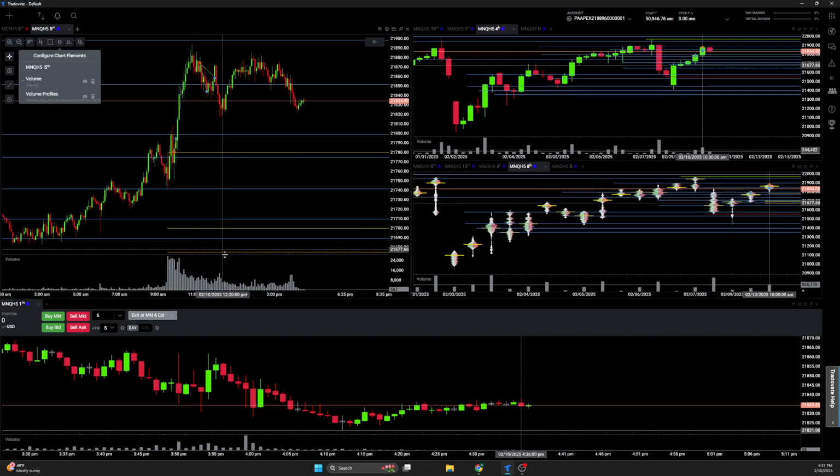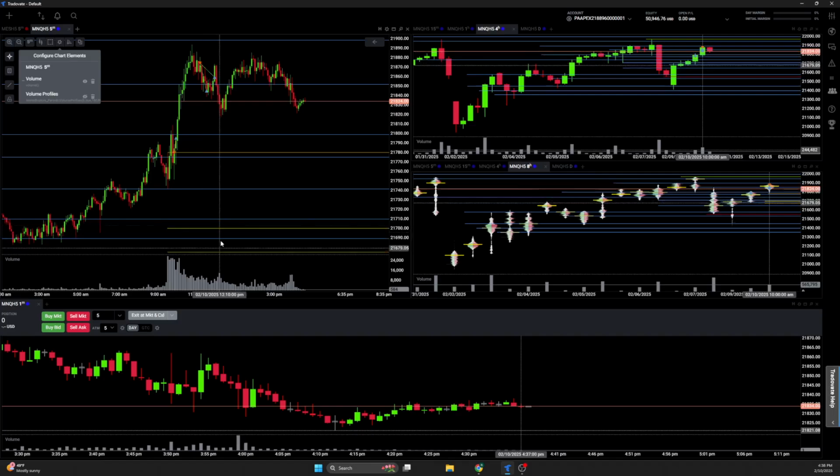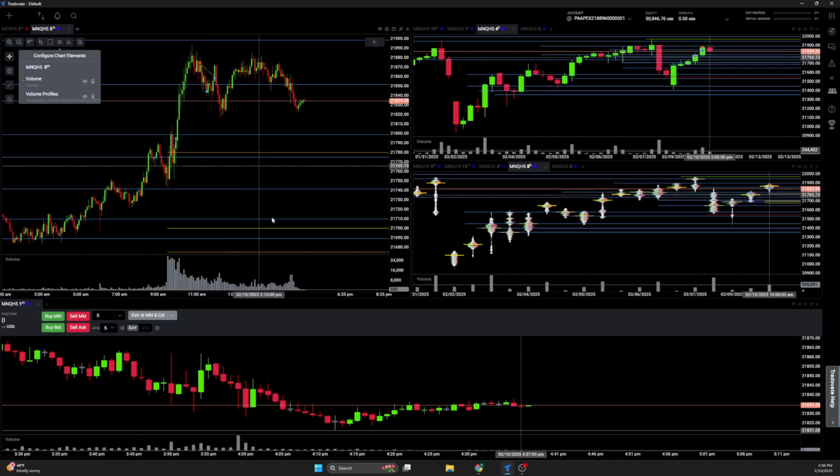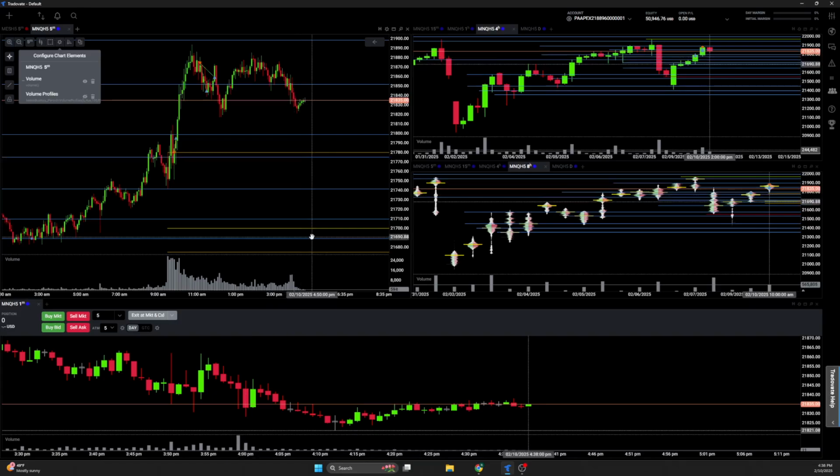If price is below this value area, that's an indication of a downtrending day. There's a seller imbalance, there's more people selling than buying. And if price remains in this value area, then you can kind of use these levels as targets that price will kind of move between.